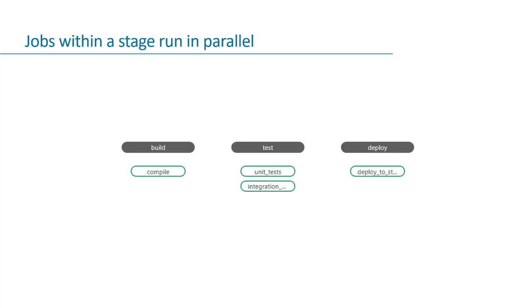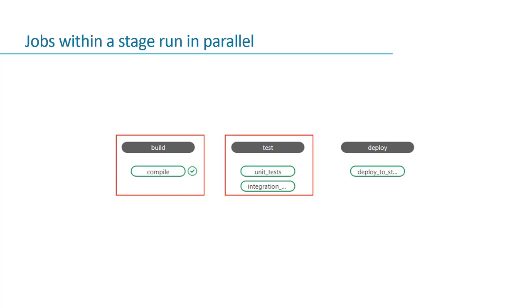Another important point to discuss is that jobs within a stage run in parallel. So we have the build stage. That build stage has only one job, so that job is going to run. Once that job is successful, we're going to go to the next stage, and both the unit tests and integration tests in this stage are going to be running in parallel.